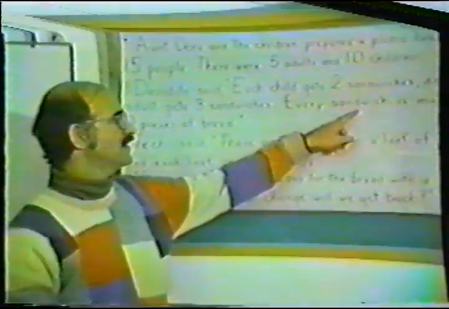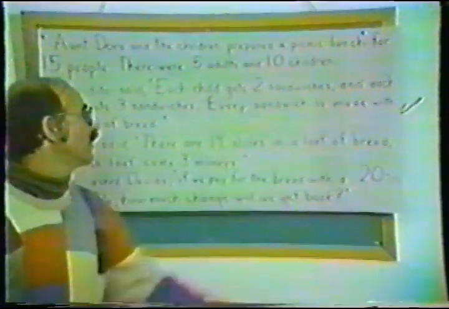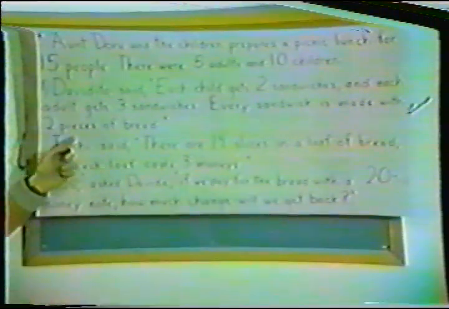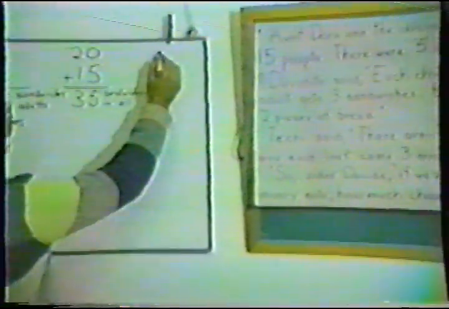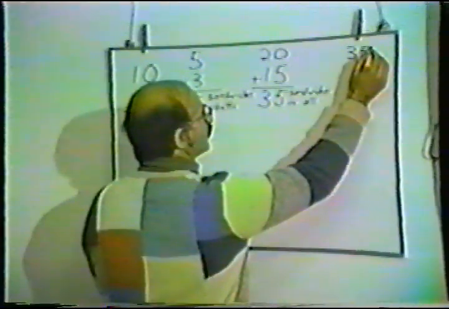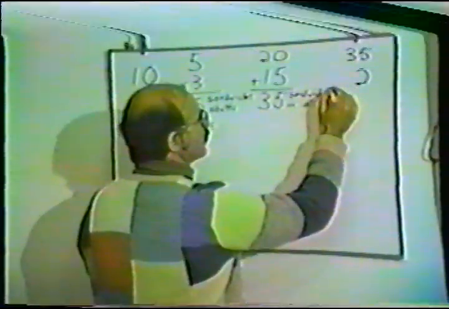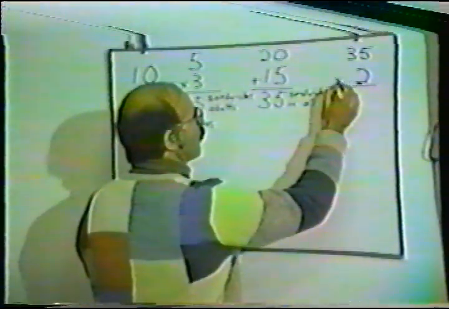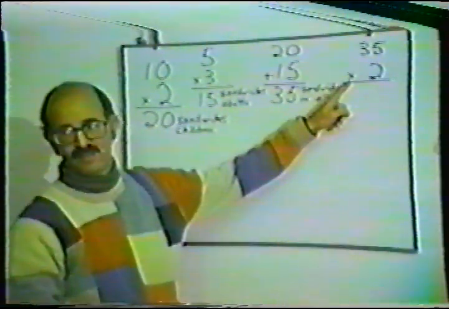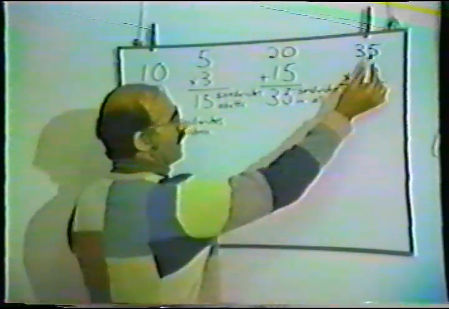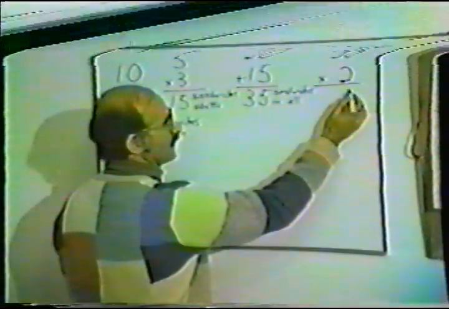Every sandwich is made with 2 pieces of bread. 35 sandwiches, 2 pieces of bread for each one. We have to multiply. 5 times 2 is? 10.